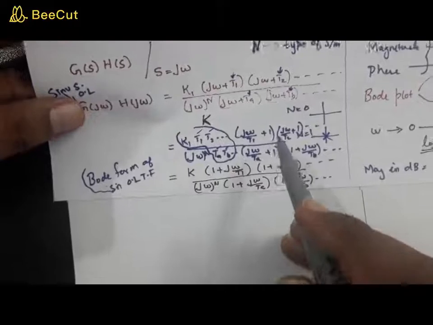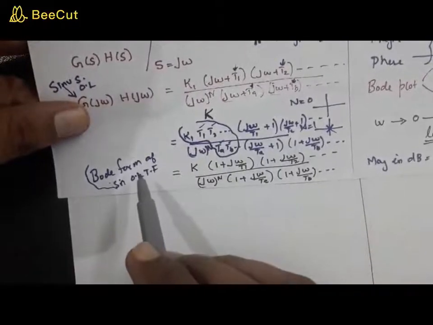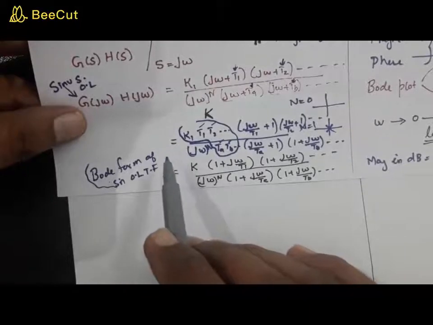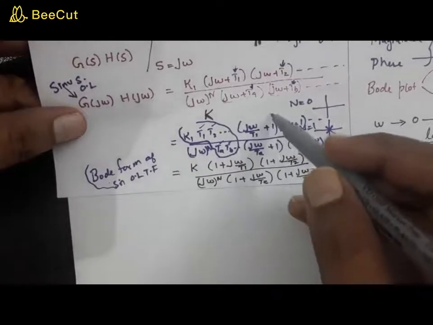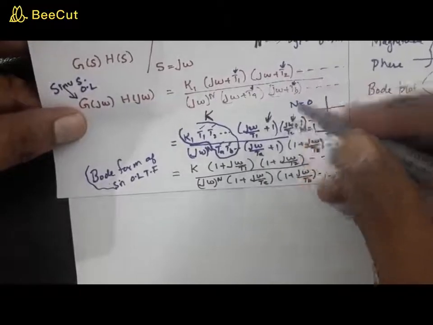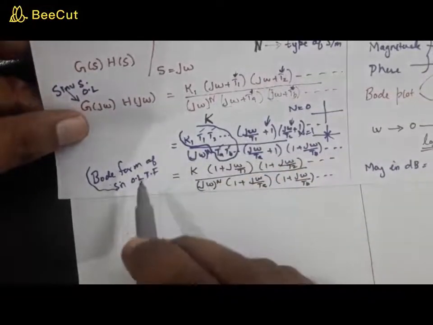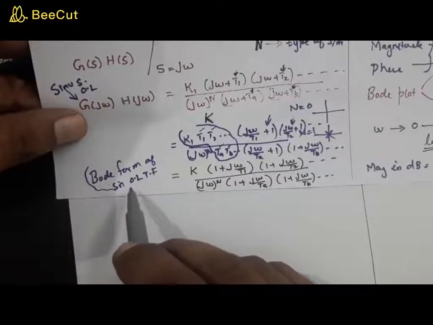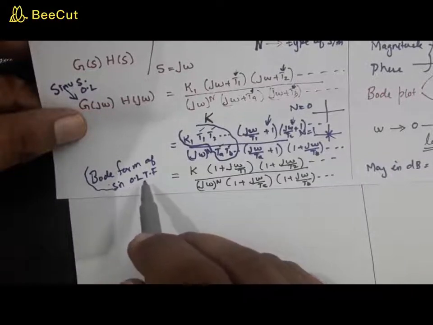And when you put S is equal to J omega, that becomes a sinusoidal open loop transfer function. Since this is of the form 1 plus some S, this is called a Bode form of the open loop transfer function, the sinusoidal open loop transfer function.